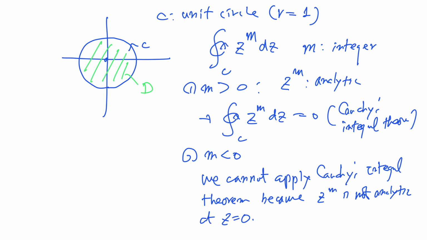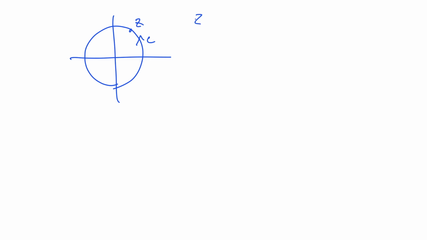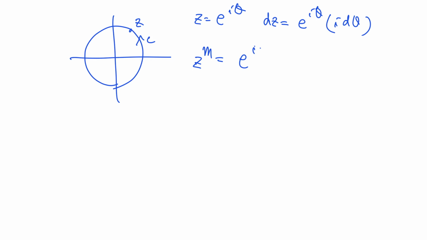Then we have to check case by case. Same picture, say z equals exponential i theta, dz equals exponential i theta, i d theta. z to the m is exponential i m theta, right?